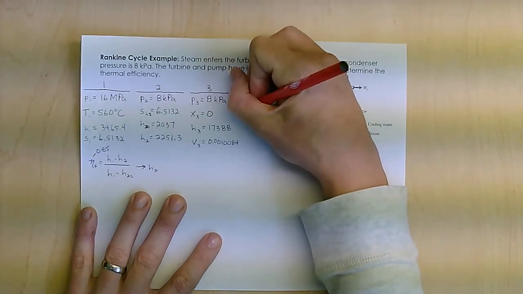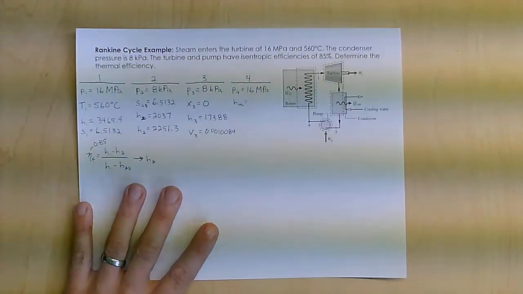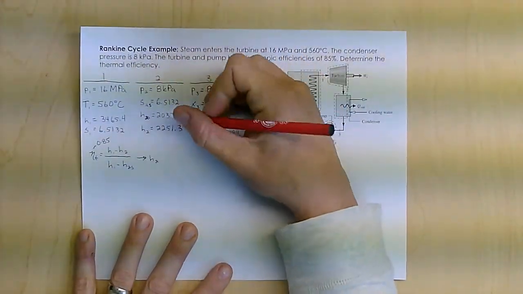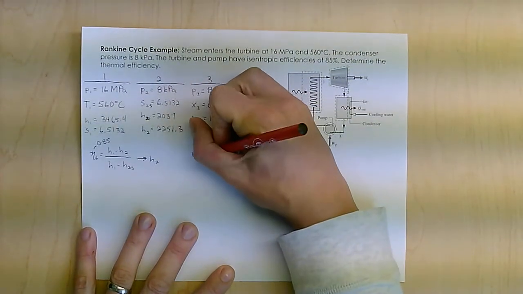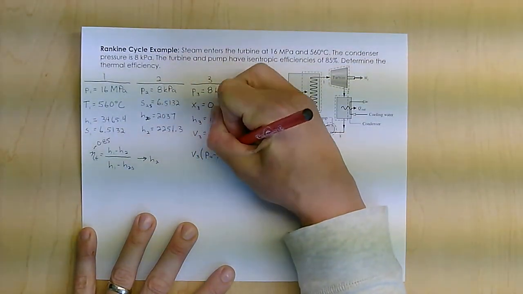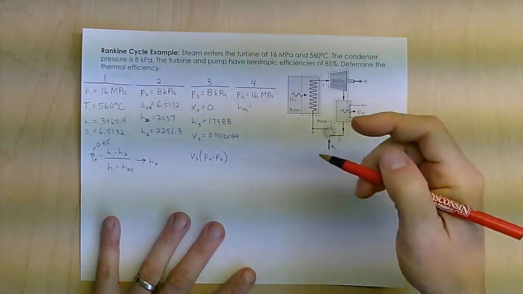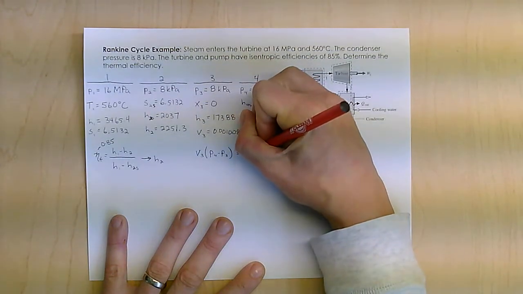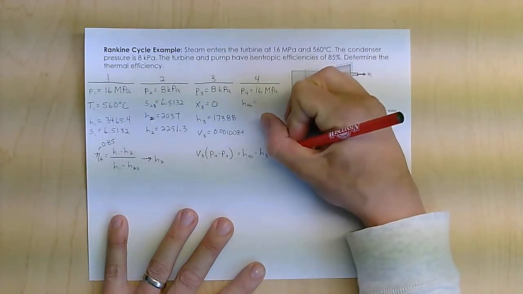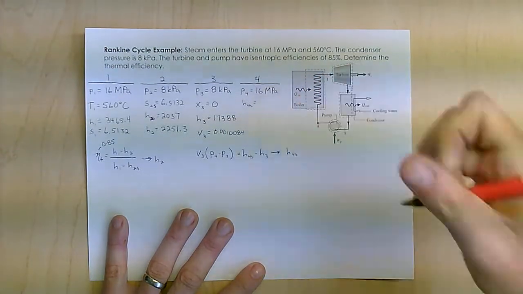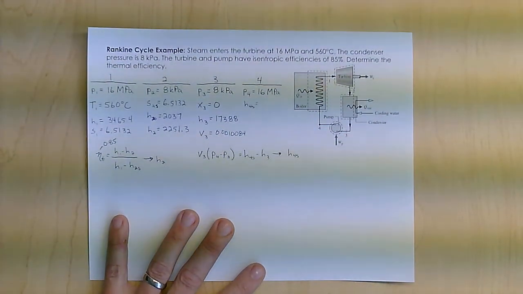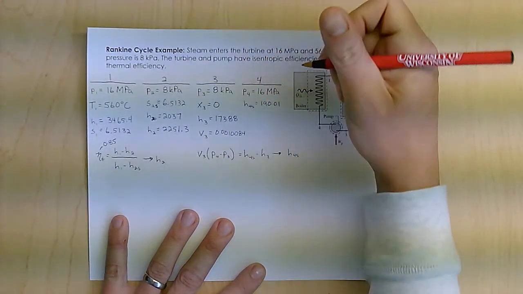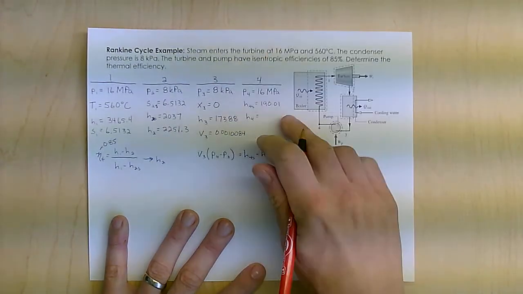Now in order to find H4s, I'm going to figure out the isentropic case. For a pump, my isentropic work is v times the change in pressure, for a steady state, isentropic, incompressible flow like I have with the pump, which also equals H4s minus H3. From this I can find H4s, my best case scenario, which is 190.01. Of course, that's not the real answer, that's the best case answer.